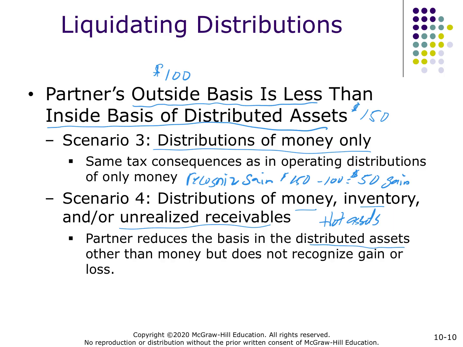So those hot assets are going to have a reduced basis, okay? But you're not going to have to recognize any gain or loss. So for scenario 4, you should know that it involves a distribution of money, inventory, and or unrealized receivables. So that means money and hot assets. And you should know that you're going to have to reduce the basis of those hot assets, but you're not going to recognize any gain, okay?